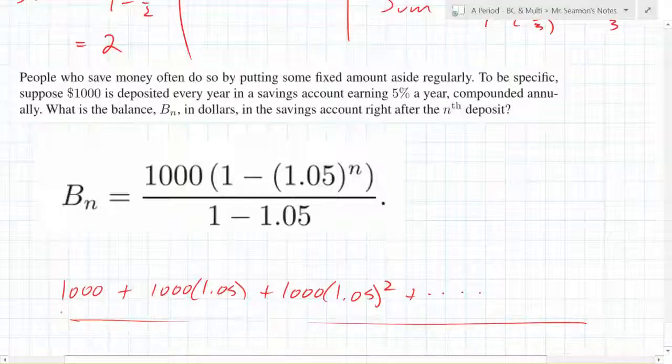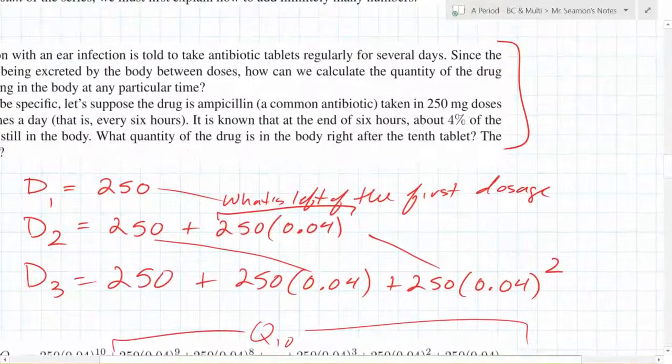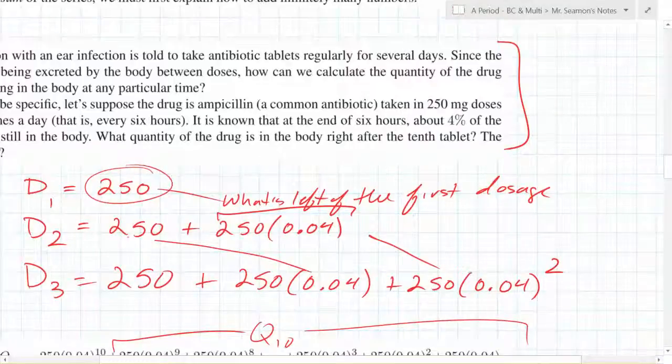Effectively, they're written backwards. Remember how we did it up here? This was our first dosage, but where does that term keep on migrating? It keeps on migrating to the right, so we can write it in descending order. Does that make sense?